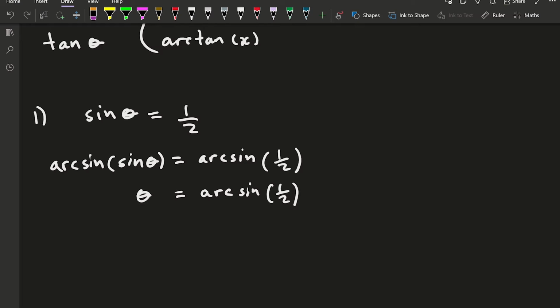and maybe the opposite side length isn't 1, maybe it's 4, and the hypotenuse is 8. But as a ratio, this of course just simplifies to 1/2. So the side lengths might not actually be 1 and 2 respectively. The opposite side might not be 1, the hypotenuse might not be 2, but if they are not, then it's just a scaled up version of a right angle triangle where the opposite side length is 1 and the hypotenuse is 2.